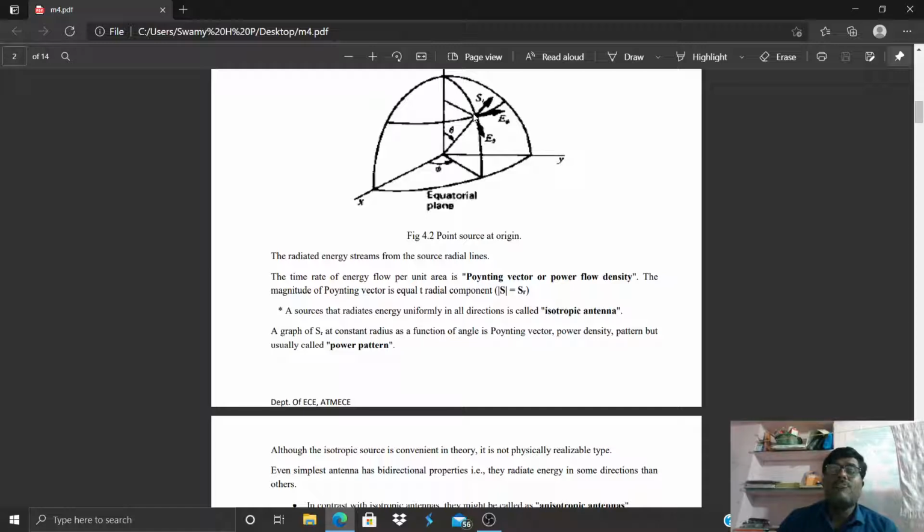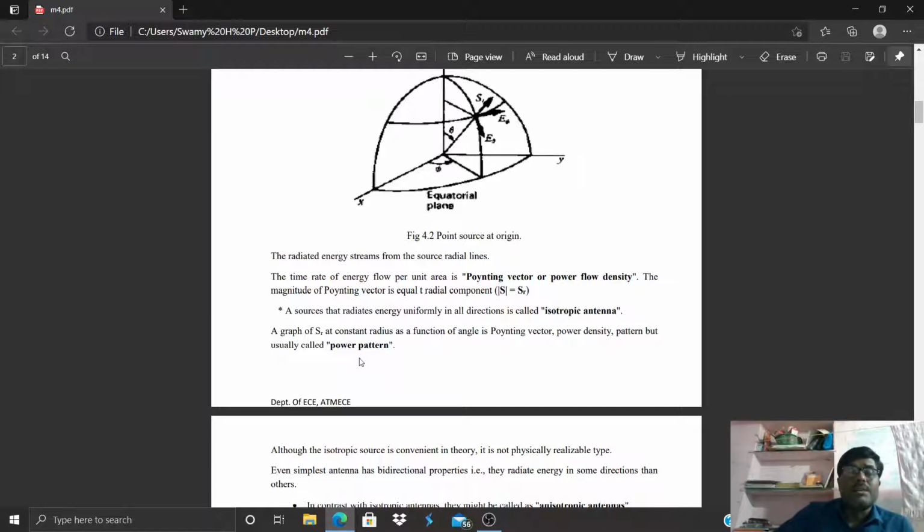A graph of power density at a constant radius r of the sphere, as a function of angle, is the Poynting vector or power density pattern, but it is usually called the power pattern.